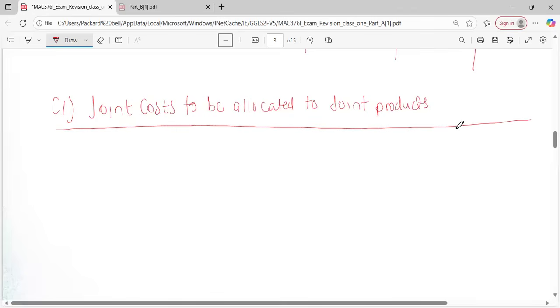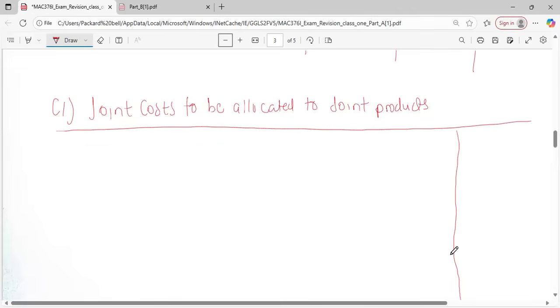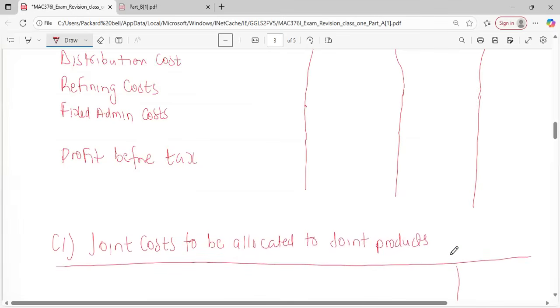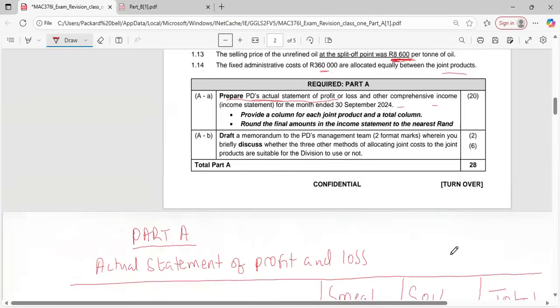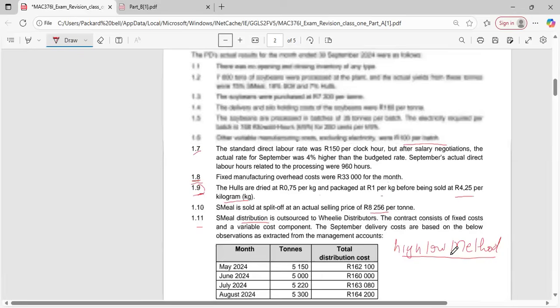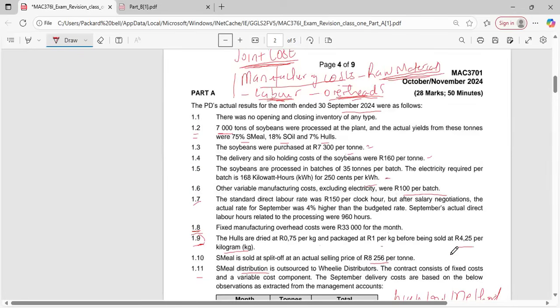So let's see who makes up the joint cost. Let's go to our question and check who makes up the joint cost. So we start from 1.2. There are 7,000 tons at how much?